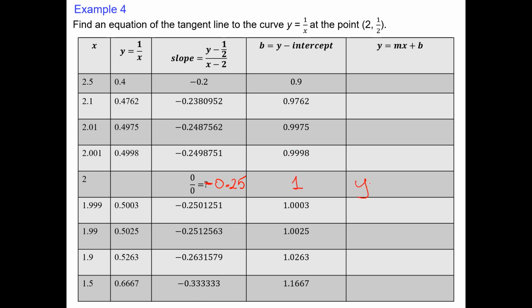It means the tangent line is negative 0.25x plus 1. Okay, see, this is the tangent line. That's how we estimate. It is a little bit time consuming, but the most important thing in this case is to know the method, to understand the concept.